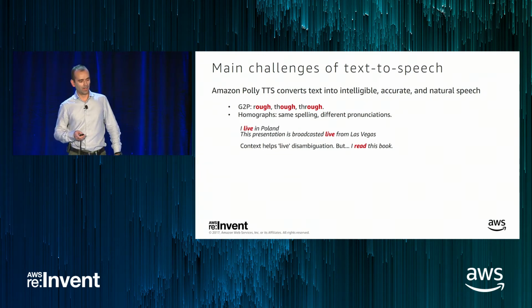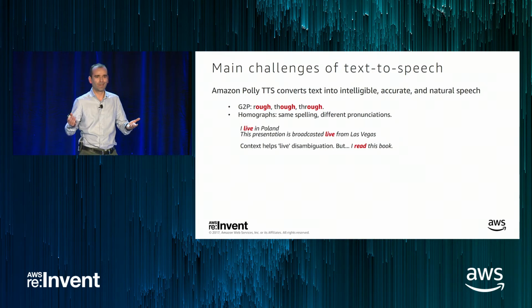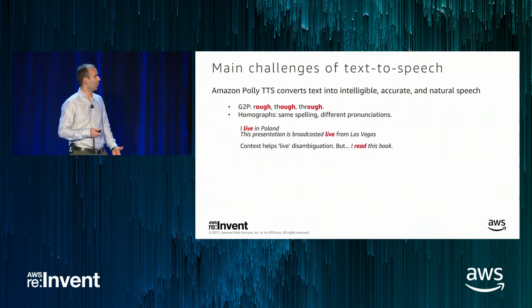The difference between these two is that for live in this context, you can pretty much understand it from the context. You need so much more in the case of I read this book. It can very well be I read this book, right? They're both correct.